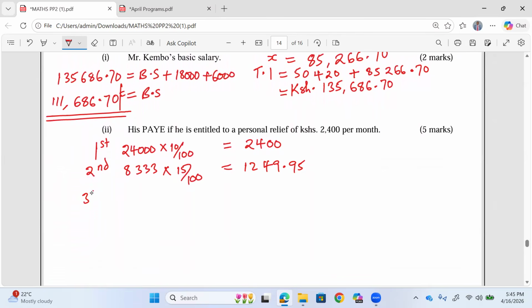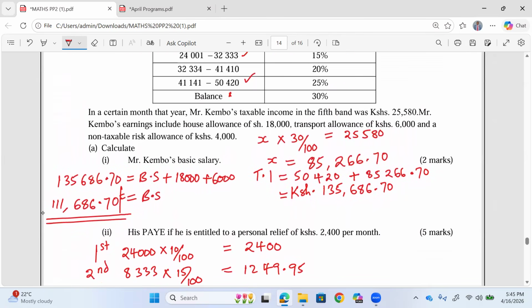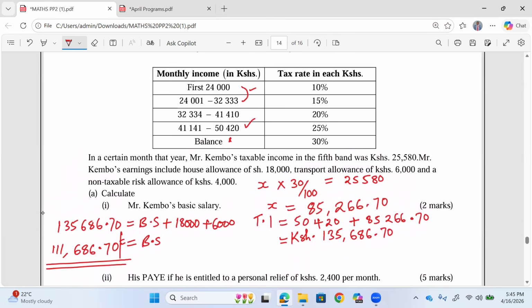In the third bracket, what is the taxable income there? We pick the limit and we subtract the previous limit. So 41,410, and we subtract 32,333.